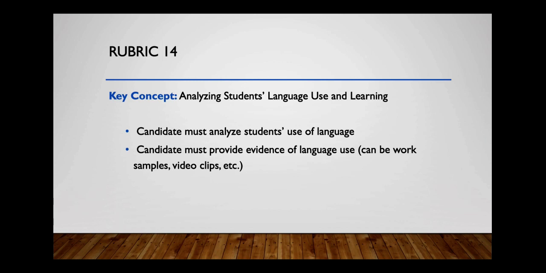But the videos in Task 3 are not required, except for early childhood education. They have to have evidence of learning, and that's probably audio or video, and they have to have evidence of vocabulary use.